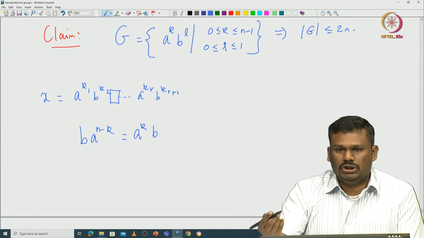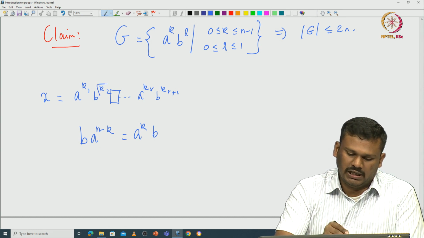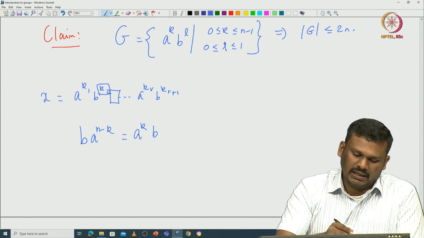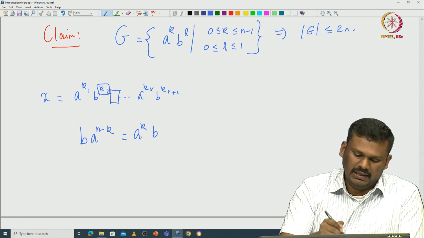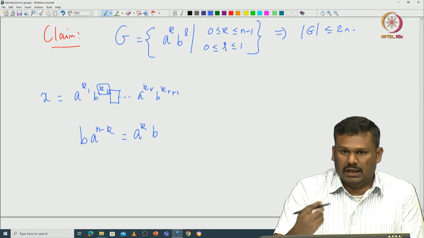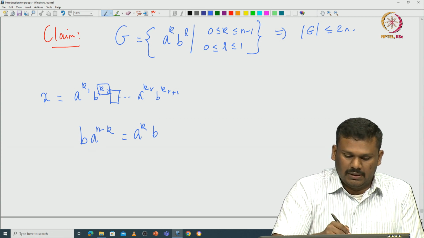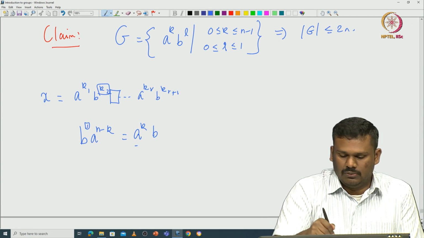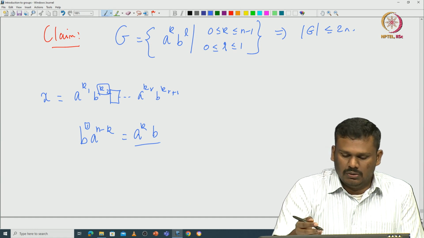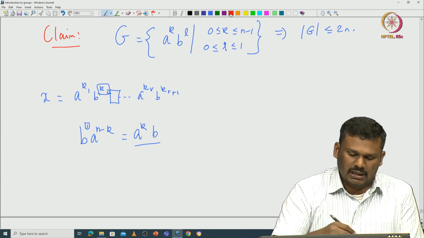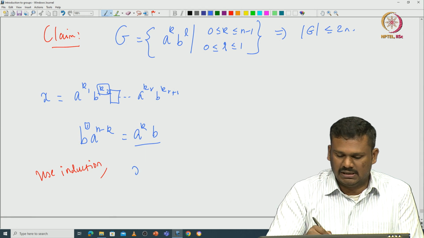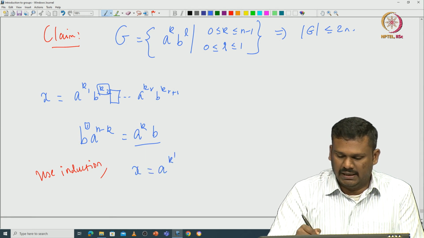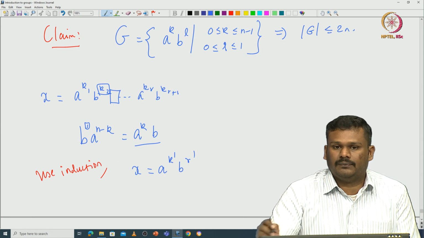If the b power is 0, then it is all going to add up. If this k2 is 0, then k1 and k3 will add up, and that will be in the correct order. So the only time when k2 is 1 is when you will have power 1 here, and that is the time you can switch. Now just use induction and convince yourself that x is some a power k dash b power r dash.